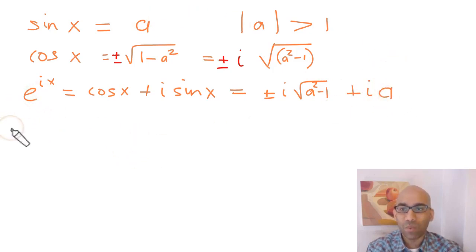And now we can use the trick that we used earlier. We can take logs on both sides. We've got log of e power ix, and that is just equal to ix.